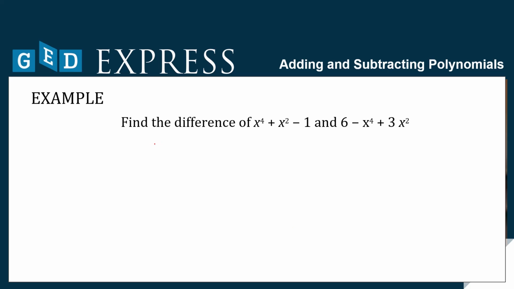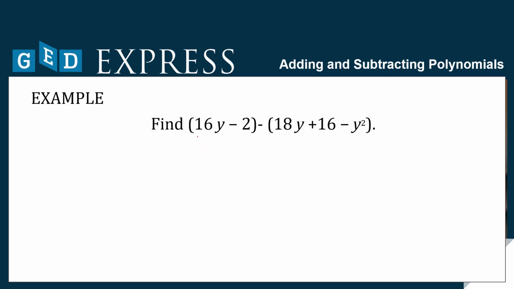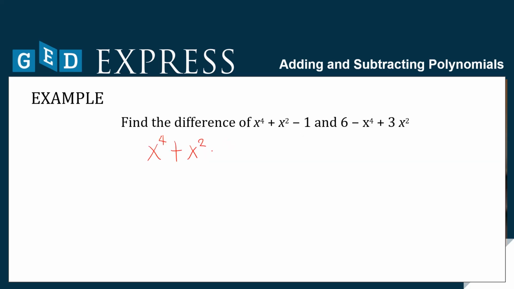Okay, let's solve. x to the power of 4 plus x to the power of 2 minus 1, minus, 6 minus x to the power of 4 plus 3x to the power of 2.